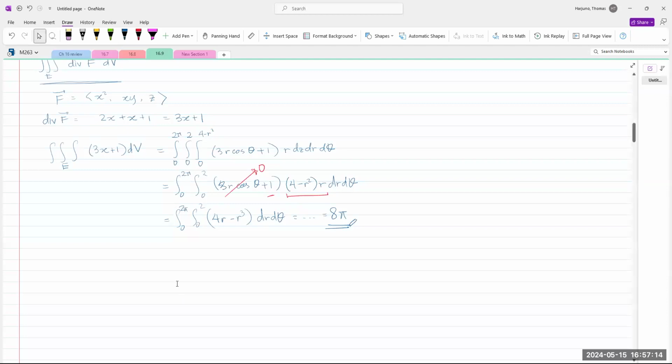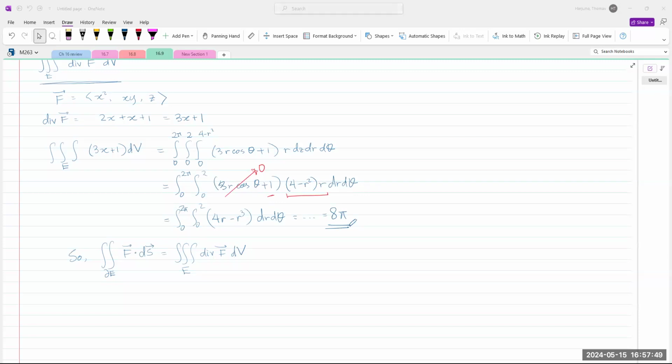Okay, so we can conclude: the double integral over the boundary surface of E of F dot the oriented surface S equals the triple integral over solid E of the divergence of vector field F dV. That's for question number 2.